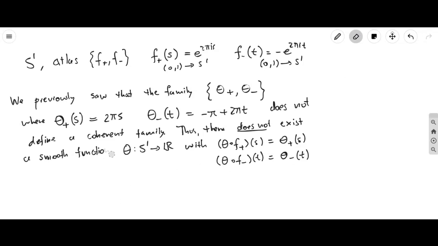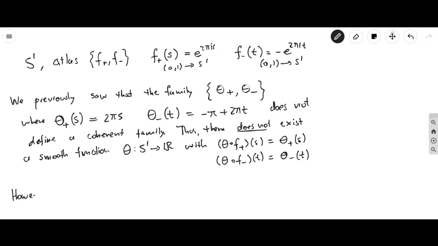Because if there was such a globally defined function, the restrictions to each chart would be consistent with each other because they're coming from a globally defined function. Now I want to show you something interesting: let's apply the differential operator to this one and to that one. So something interesting will happen.